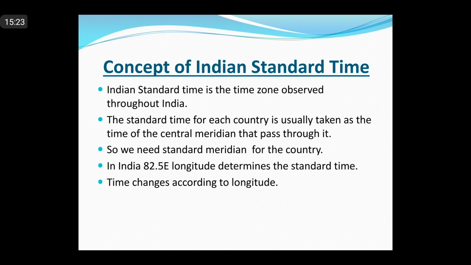And it's because of IST that watches at all places in India show the same time, although the sun rises about 2 hours earlier in the northeastern states as compared to Jaisalmer, because when we have chosen a standard meridian of 82.5 degree, the time reckoned by the noon sun at this standard meridian is chosen as the standard time for everyone in India.